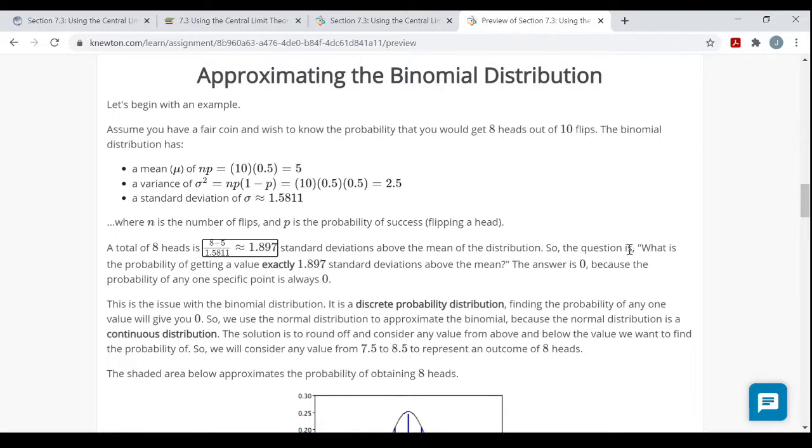So the question is, what is the probability of getting a value exactly 1.897 standard deviations above the mean? And the answer is 0. Because remember, for normal distributions or any continuous distribution, the probability of getting exactly a singular value was 0. You had to have a range of values, some sort of interval of values.